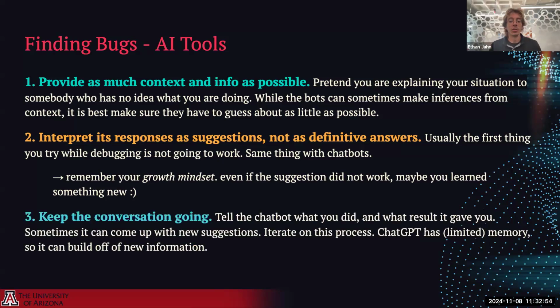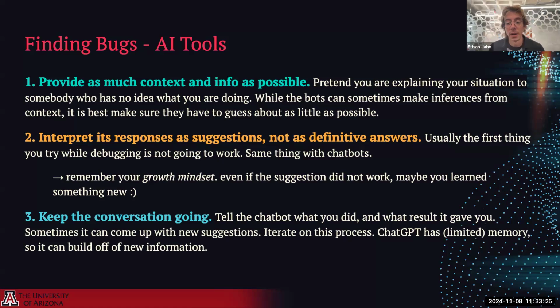And then keep the conversation going. It's an iterative process, right? So tell the chatbot what you did. You put your problem in, you get a response, you go do something with your code, and then maybe you get another error message, or maybe you get a different error message, whatever it might be. Tell the chatbot what you did and what result it gave you, and then sometimes it can come up with new suggestions. Just like the bug fixing process on your own is iterative, it might be iterative while using the AI tool as well.